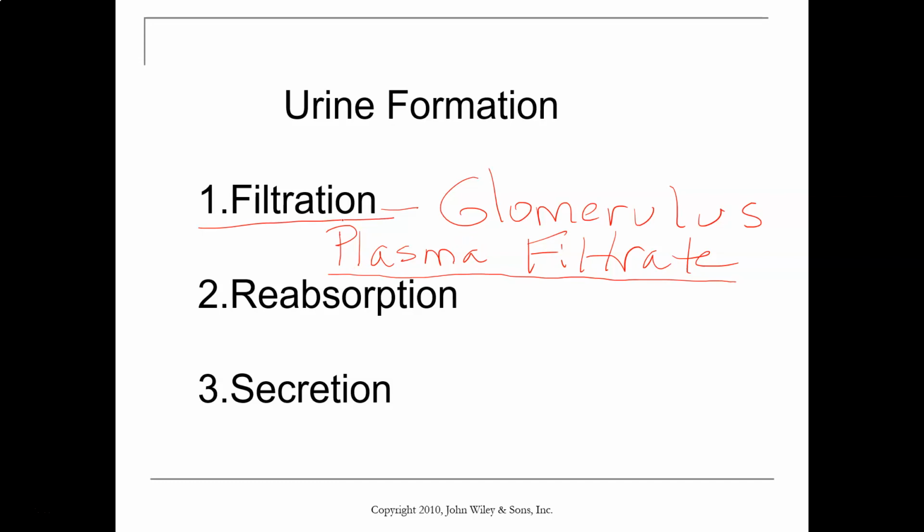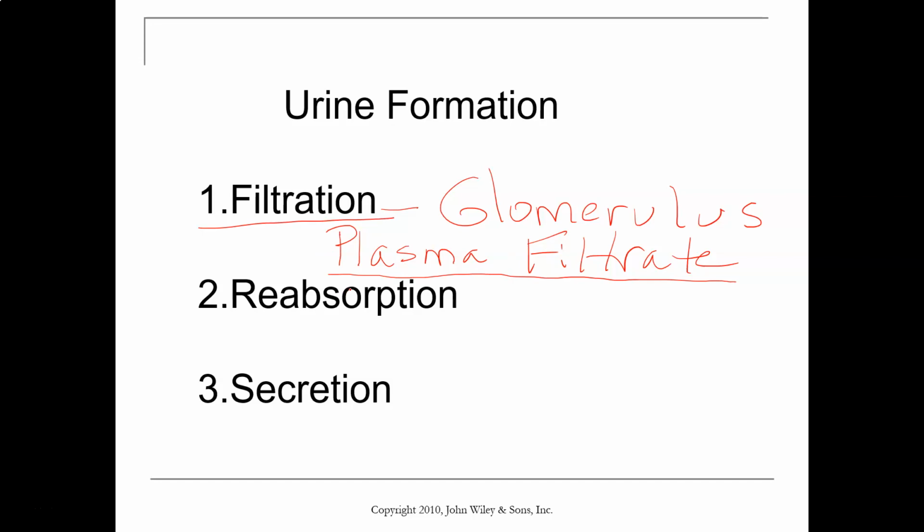Now, if we were able to filter out only what we want to get rid of and not anything we want to keep, then that would be it. You'd be done. And that would be urine. You'd excrete it. But it's more complicated than that, because what gets filtered out is based on size. If you're small enough to get through what they call the filtration membrane, which we'll look at in a moment, then you're going to be in the plasma filtrate.